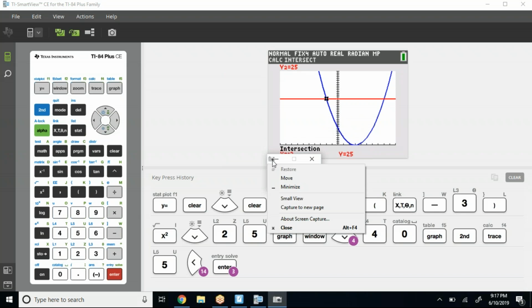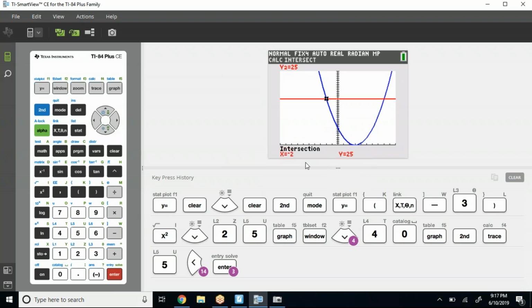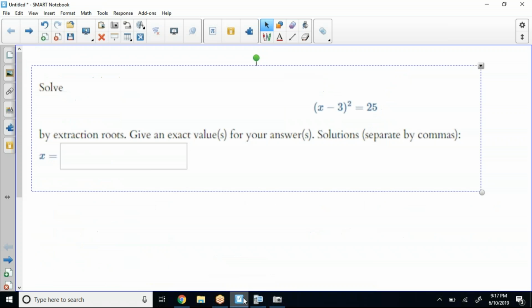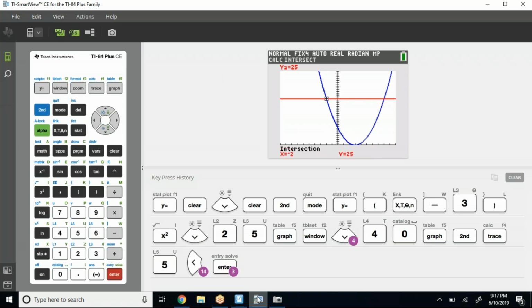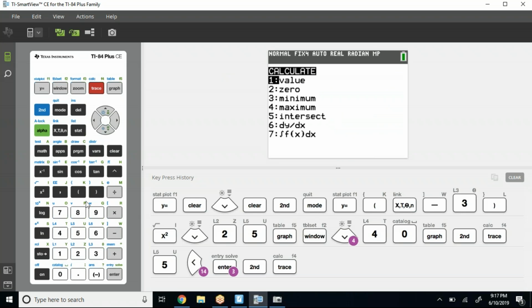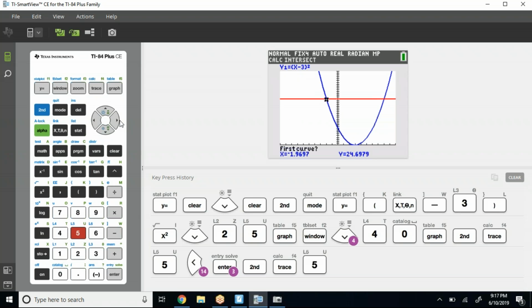So it's going to intersect the first time at -2. Okay. So that's one of my answers. One of my answers is going to be -2. My other answer, let me go second, trace 5, because if I can find out where they intersect, then those are the x values that I need when I'm solving for x, right?